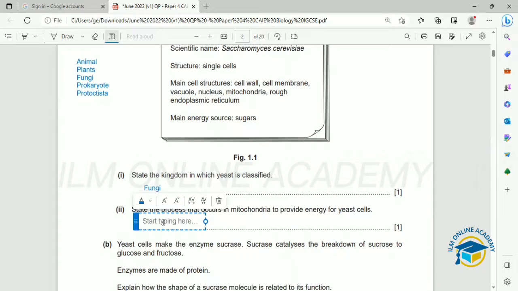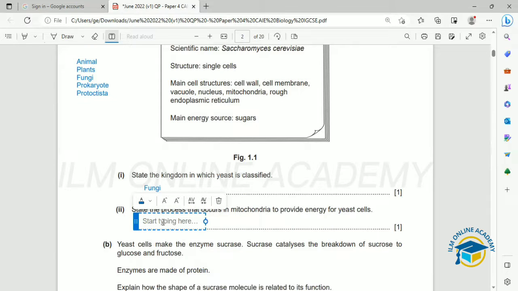State the process that occurs in mitochondria to provide energy for yeast cells. Remember that when we talk about yeast, it mainly does anaerobic respiration normally. That simply means yeast can respire without oxygen.